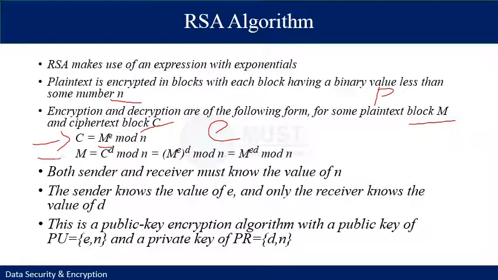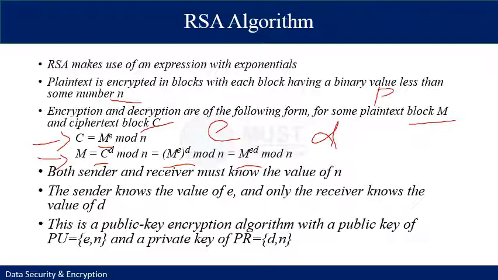To decrypt the message, to get back the actual M, you have to take the power of the ciphertext with the number D, the decryption exponent, and take the mod with N. This is also elaborated as M raised to the power E times D, which is the combination of encryption and decryption on the original text to get the final text.